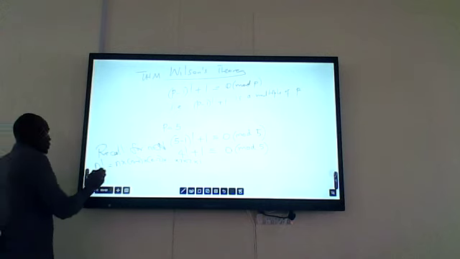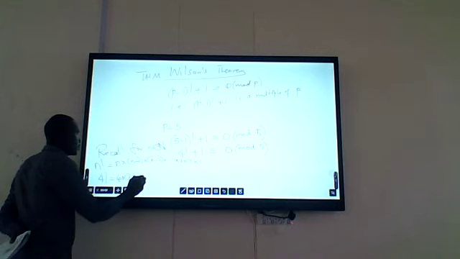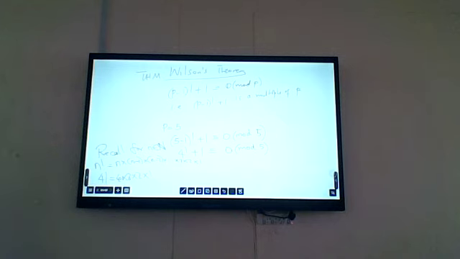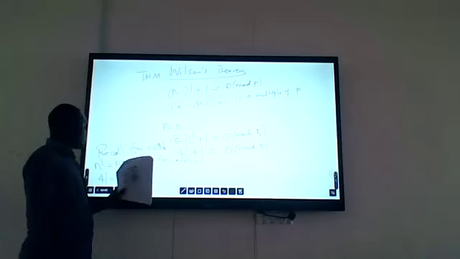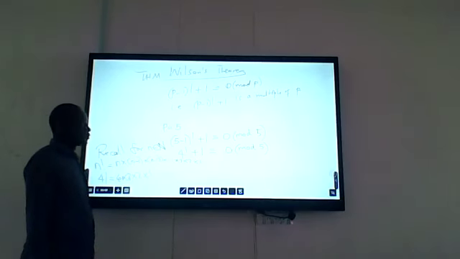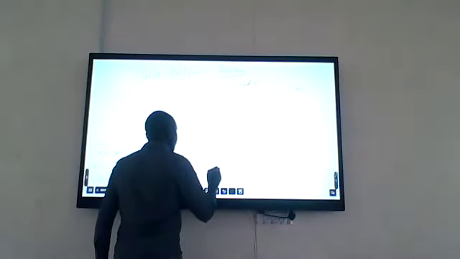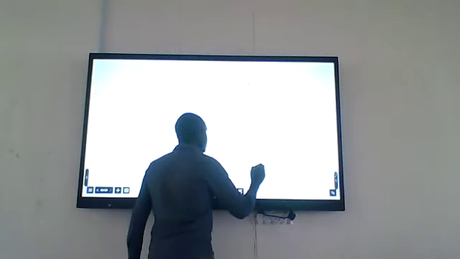So 4 factorial will mean 4 times 3 times 2 times 1. What would you get? Four by 3 by 2 by 1. 24. So 24 plus 1 is congruent to 0 mod 5.